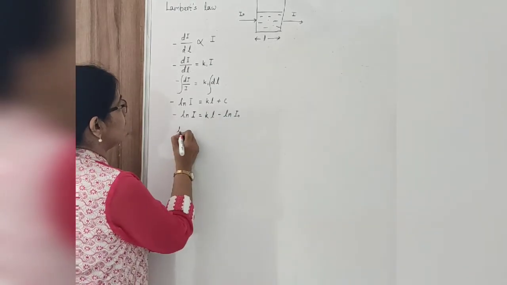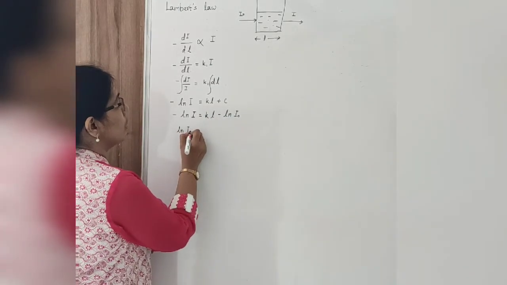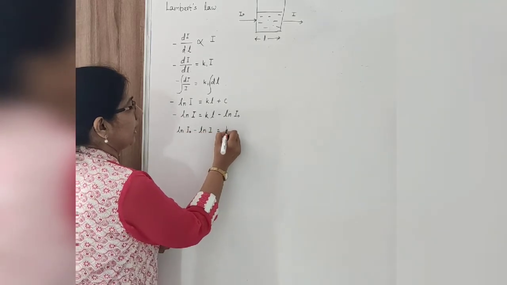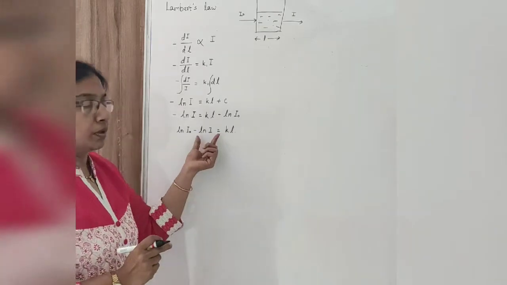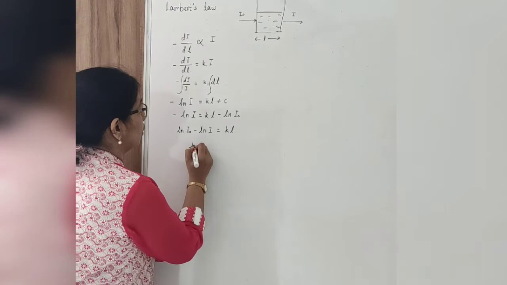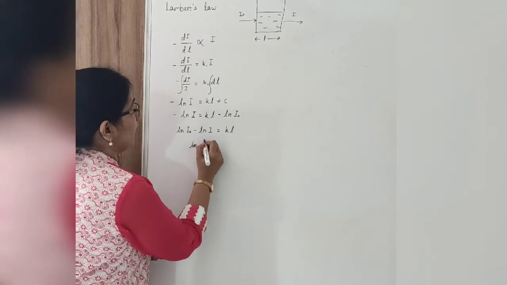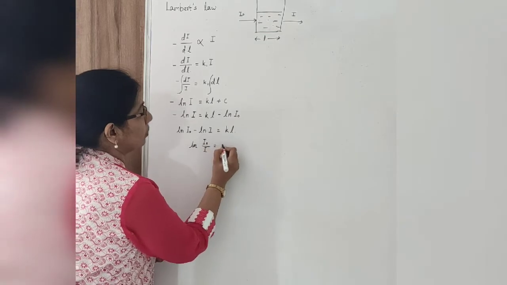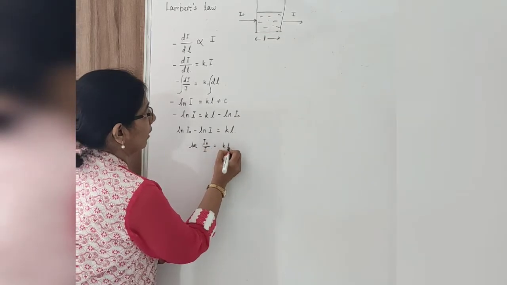Taking this to the left hand side, this becomes ln I0 minus ln I is equal to KL. Now the subtraction of logs gives ln I0 upon I is equal to KL.